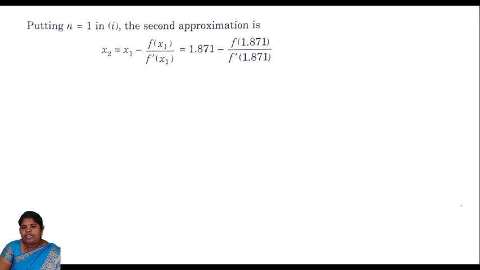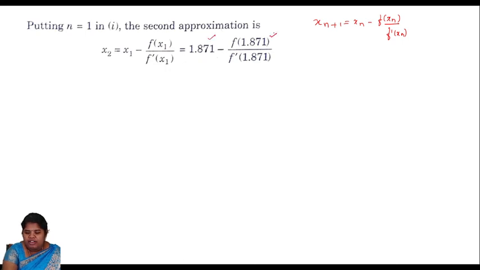Now substitute n equal to 1 in the Newton-Raphson formula. We get the value of x2. The formula is xn plus 1 equal to xn minus f of xn divided by f dash of xn. In the place of n, replace 1, we get x2 equal to x1 minus f of x1 by f dash of x1. Substitute the value of x1, f of x1 and f dash of x1.